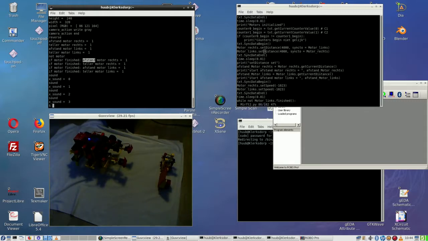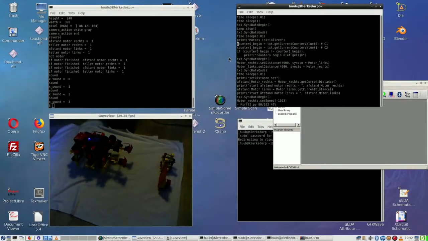I have no clue yet. And because of this, analyzing the algorithm once again, I find that I make an illogical step, because here I read counter values, but here I set the distance. That should be the other way around.